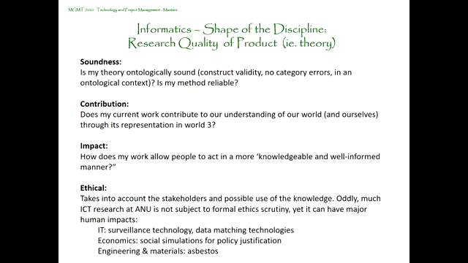Research output is always some theoretical proposition that something now exists, some way of thinking about something. And here are the general ways of looking at whether research quality is good, bad or indifferent. We look at its soundness, has it been well built? We look at its contribution, does it contribute to our understanding? It looks at the impact, how will my work allow people to act in a more knowledgeable and well-informed manner?